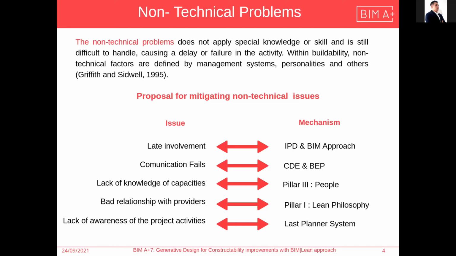One example is late involvement. For that, we have integrated project delivery and the BIM approach. If we remember the MacLeamy curve, we can see that the workload is in the planning stage. So we can reduce cost in the stage that is more expensive, which is construction. We cannot spend one day in construction work with delays, because it means we need to pay the workers, the machinery, and other things.